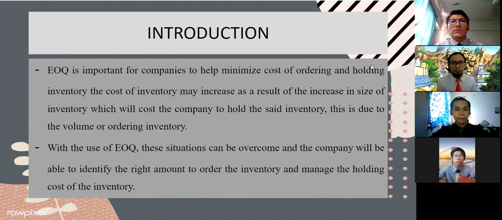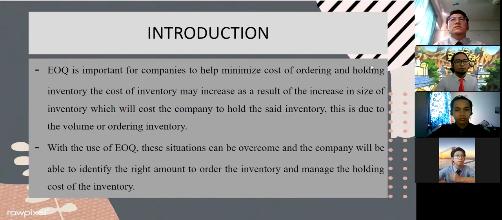Another important use of EOQ is as a cash flow tool. By utilizing the EOQ formula, the company is able to control the amount of cash used by the company's inventory. This is beneficial for companies that rely on inventory, such as manufacturers. EOQ will save the company money spent on inventory and the company will be able to use the money to invest in other aspects of the business.